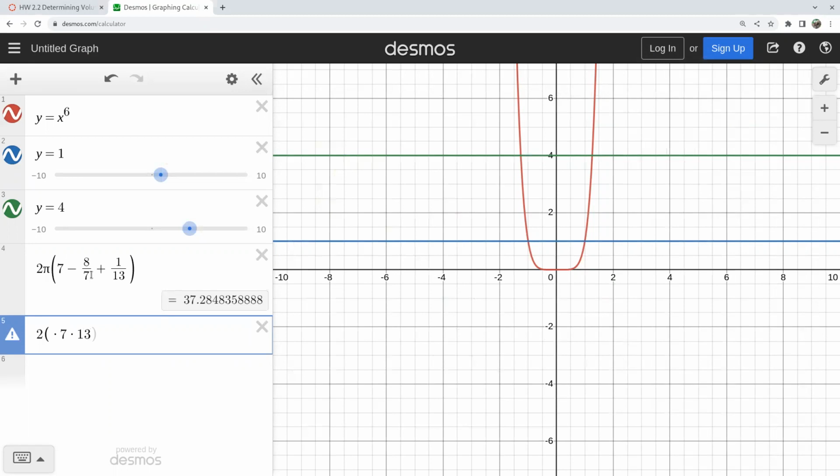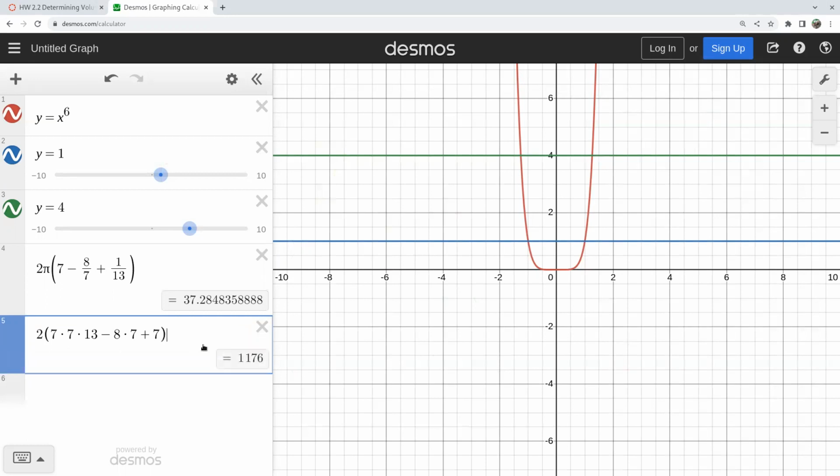And this 7 needs a 13 in the bottom, so that's going to be a minus 8 times 7. Oops, I missed something there. 7 times. So that's the first numerator. There's the second numerator. And then the third numerator should be that 13 needs a 7 in the bottom. So plus 7.